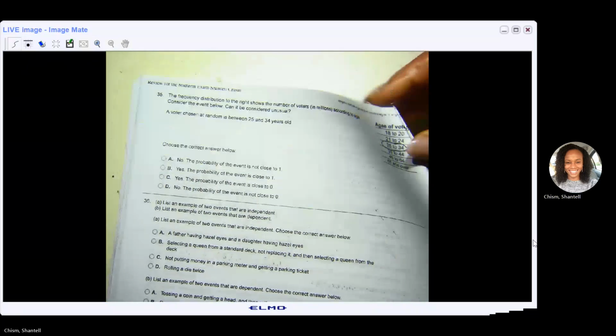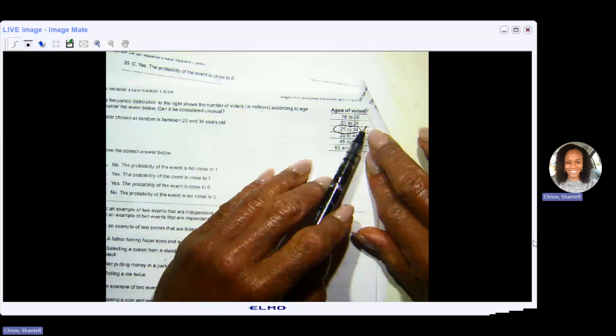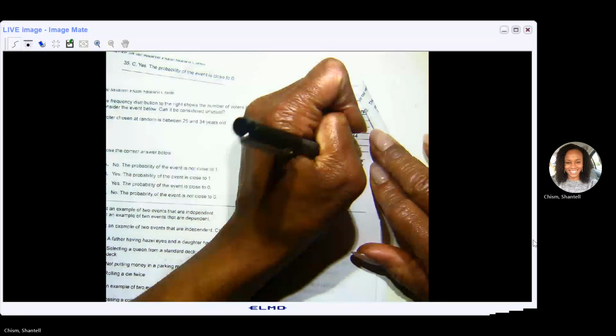So basically what happened is that, again, the table was cut off. When you print this, it made the print too big and it cut the table off. But what's happening is there's a frequency for each of these, and you'll first get the total frequency, and you'll take the frequency of the class 25 to 34, and you divide it by the total frequency.